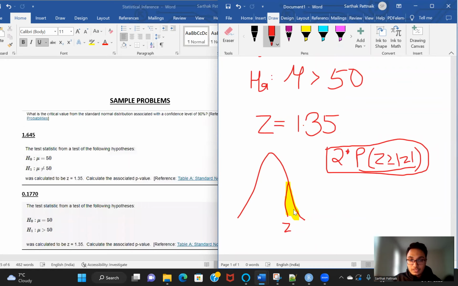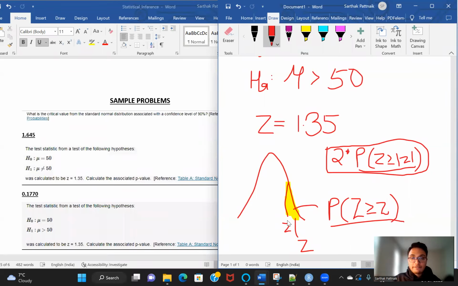So this is basically the probability of capital Z greater than or equal to the test statistic z. This z is my test statistic, and capital Z is my point. So for a capital Z point here, this should be greater than this. This is the area I need to calculate.